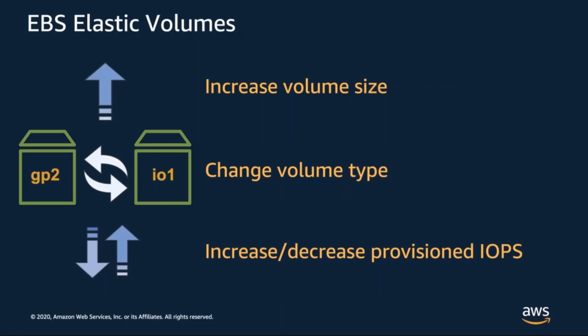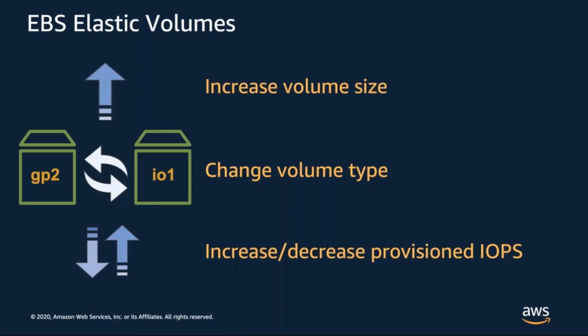Let's talk about the elastic volume feature of EBS volumes. For most workloads, it's difficult to know ahead of time what the exact needs of your particular workload might be. So Amazon EBS removes a lot of this guesswork around storage planning. This is where the elastic volume feature comes very handy. When using EBS, it is always best to start with the minimum amount of capacity to reach the needed performance.